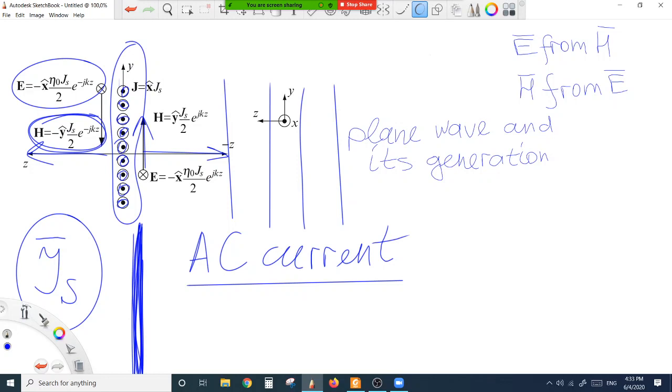Well, of course, physically we are not able to perform this, and that's why we cannot obtain a true plane wave in any physical application.